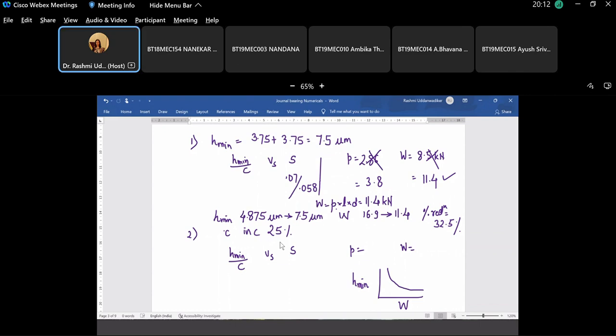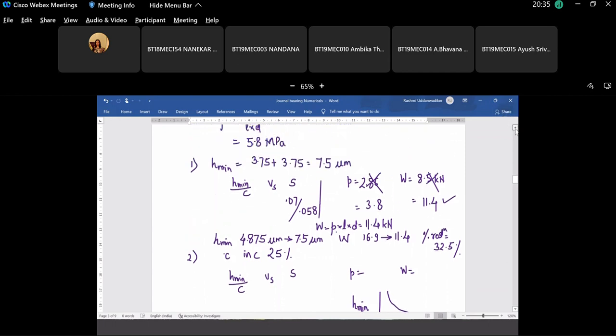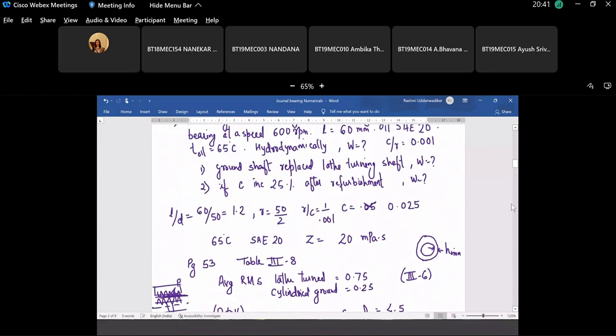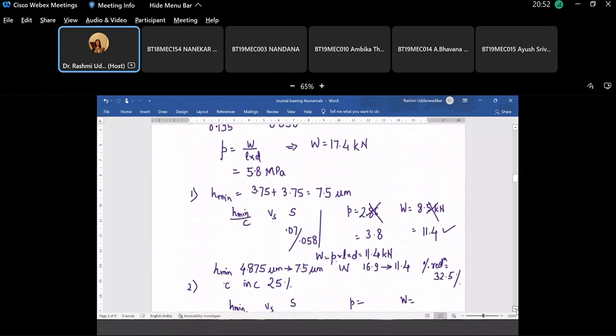Give me the new value of C. Give me this ratio of H minimum by C. What was the previous value of C? 0.025. This was the value of C. Increase it by 25%. What is the new value of C?